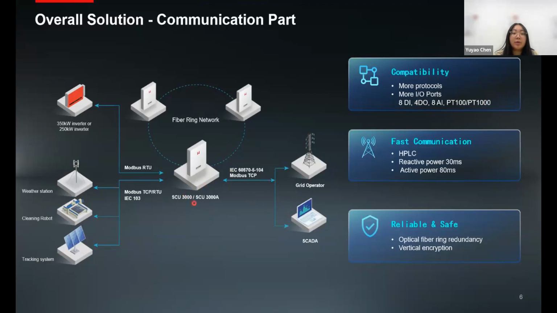Together with SCU 3000 and UT series 350 inverters, the communication can be HPLC, which is the next generation of the classic PLC, and it makes control and communication faster. For example, reactive power control is done in less than 30 milliseconds, and active power within 80 milliseconds.